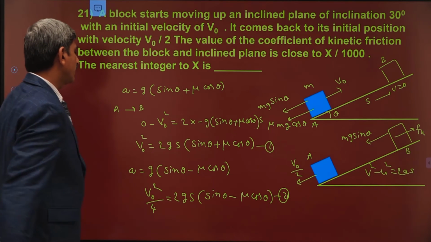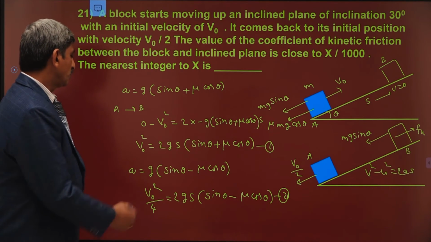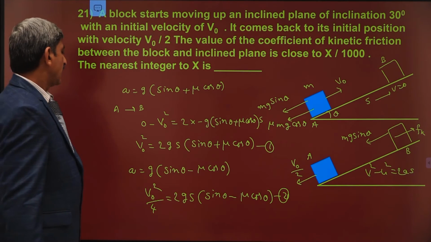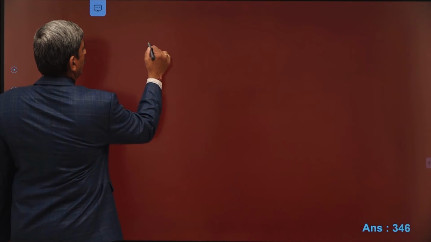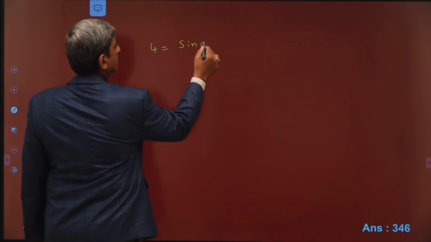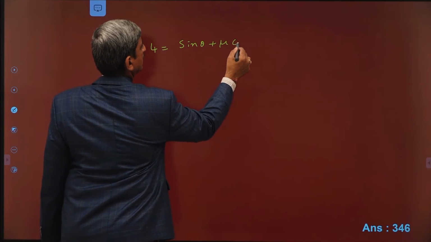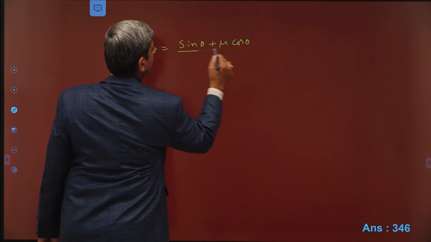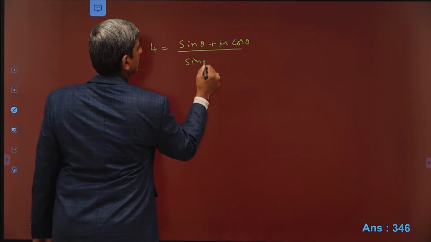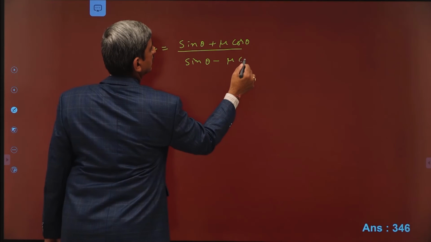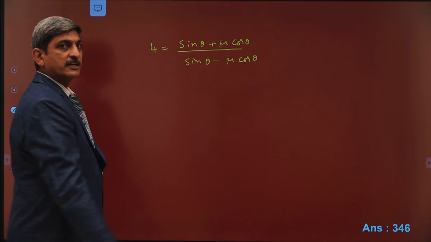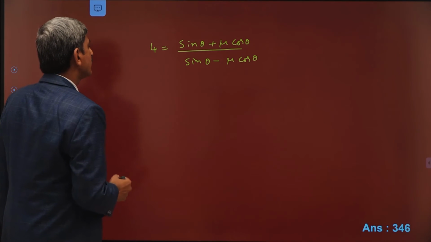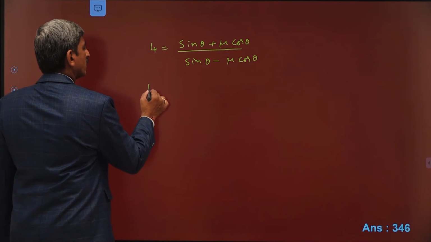By taking 1 by 2, v0 and 2gs cancel, and we have 4 is equal to sin theta plus mu cos theta divided by sin theta minus mu cos theta. By making the cross multiplication and rearranging the terms, we get the mu value.